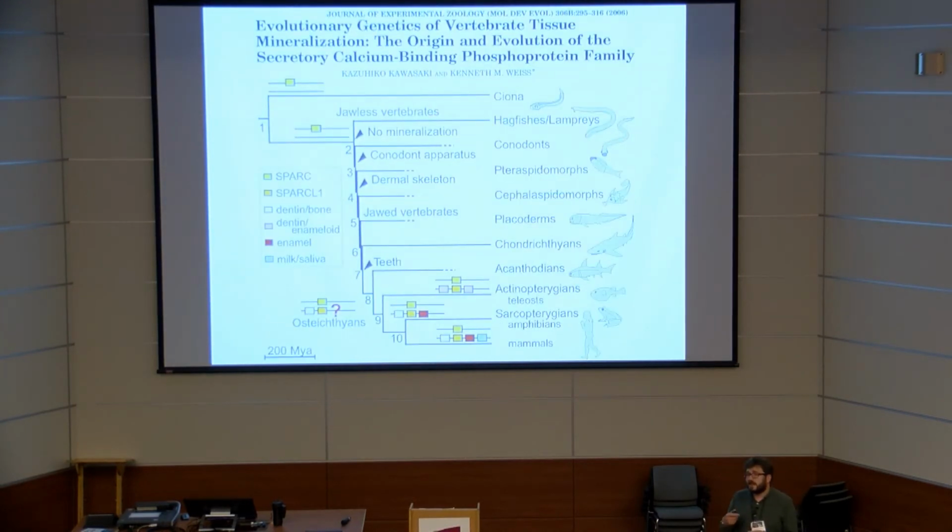So the generally accepted model for the evolution of vertebrate mineralization is you start off with a collagenous scaffold that's initially mineralized using these SPARC genes, and then through a series of whole genome or partial genome duplications, you get increasing complexity of skeletal tissues independently acquired in different lineages, and also increasing complexity in fibrillar collagens.